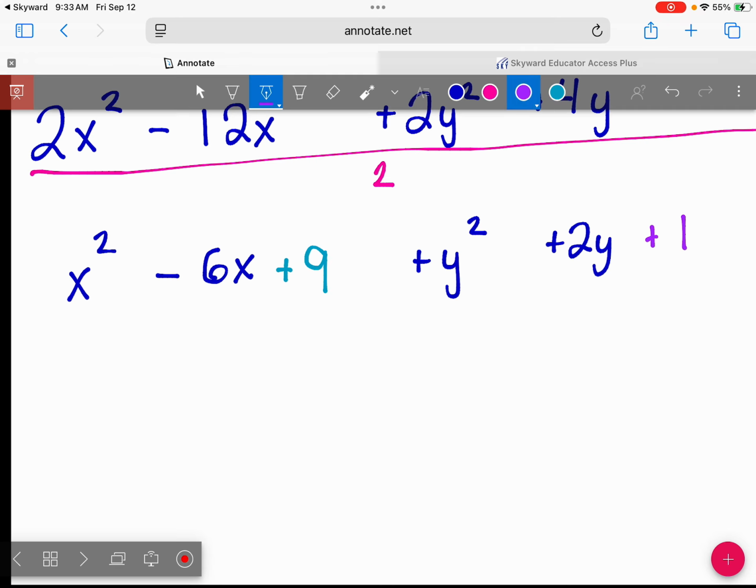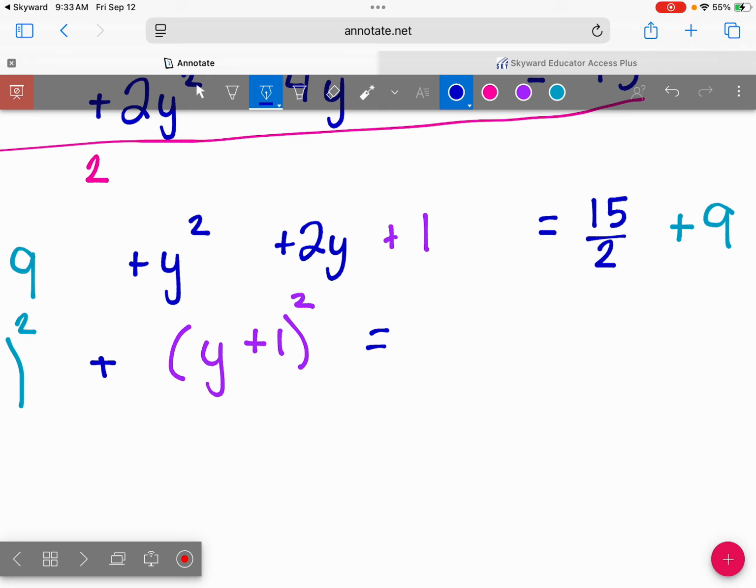So when we're writing these in their perfect square form, what is this one going to be? X minus 3, squared. Absolutely right. And what's the y one going to have? Y plus 1 squared.